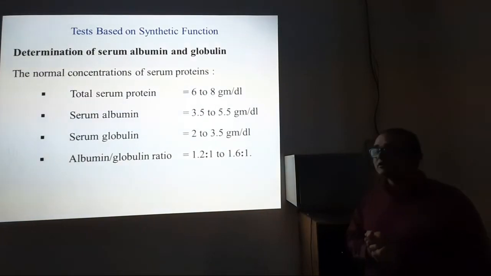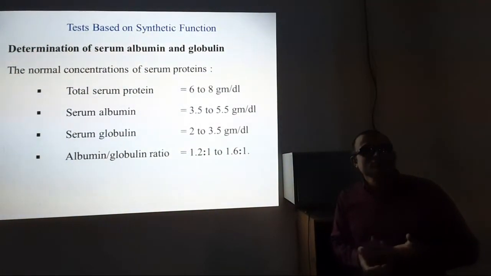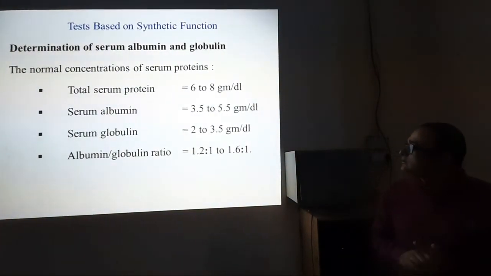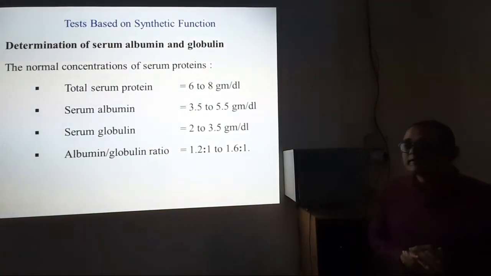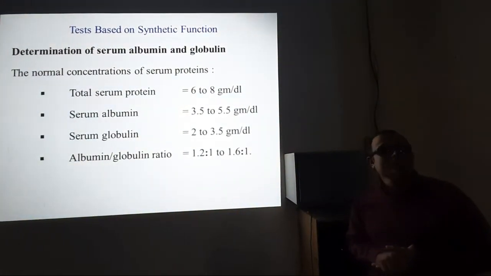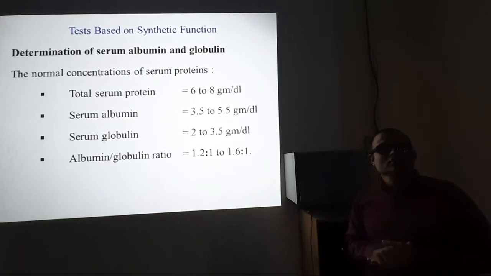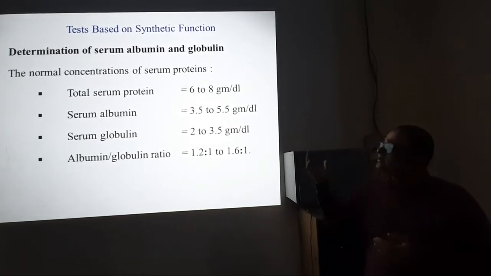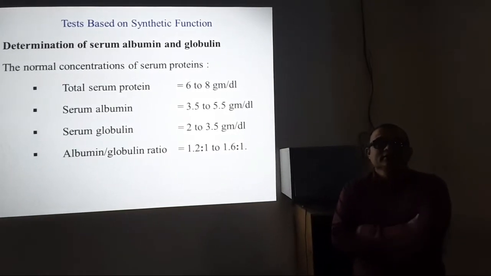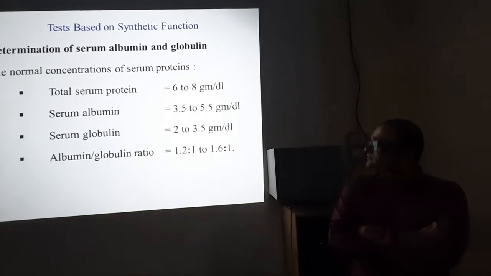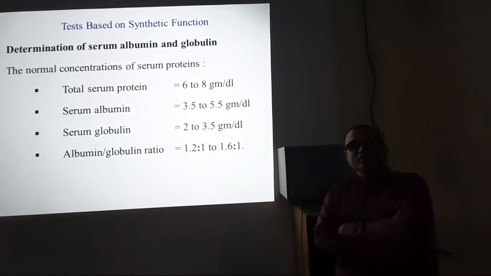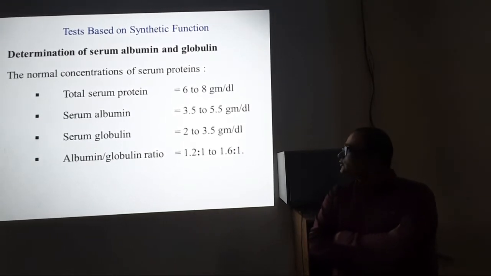Total serum protein is about 6 to 8 gram per deciliter, serum albumin is 3.5 to 5.5, globulin is 2 to 3.5 gram per dl, and the A by G ratio, that is albumin by globulin ratio, is normally 1.2 to 1.6.